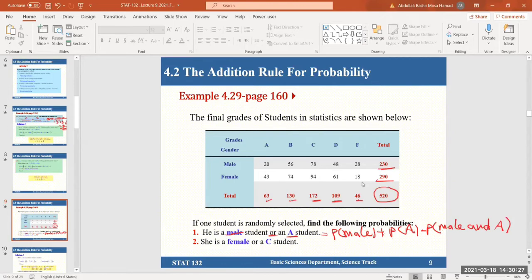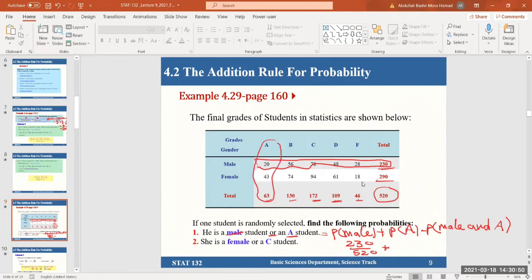For P of male, we go to the male row. How many male students? 230 over 520. Plus P of A's: I go to this column.